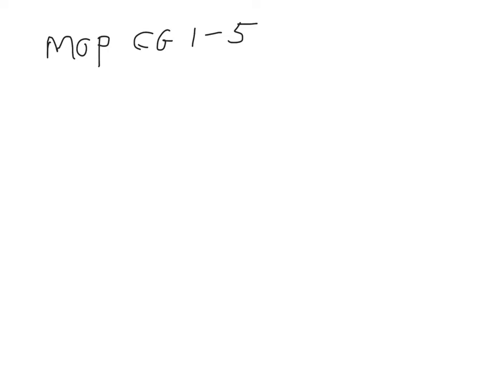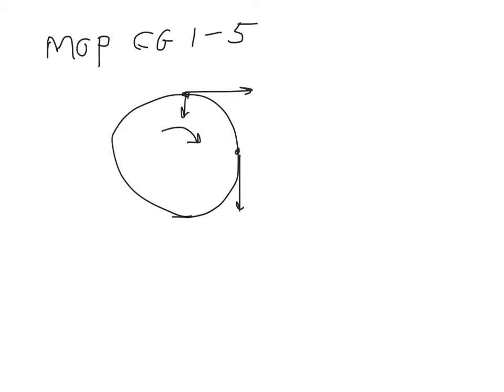Okay, I looked over CG2, and it seems like we've discussed most of what you need to know to answer those questions. So when an object moves in a circle, its velocity is always tangent to the circle, if it's moving this way, right? But the acceleration is always toward the center, always perpendicular to the velocity.